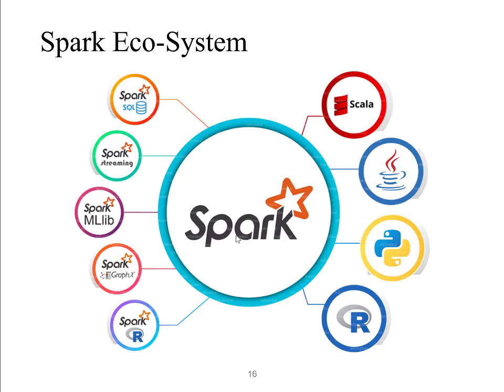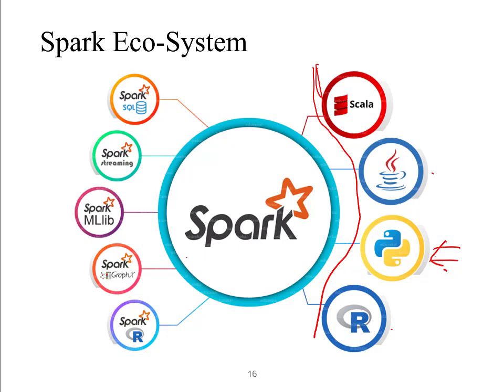And for the ecosystem of Spark, the left part of this figure shows the four programming languages that we've mentioned before. So Scala, Java, Python, and R. In our course, we will mainly use Python, which is PySpark. And on the right side is the ecosystem of Spark.